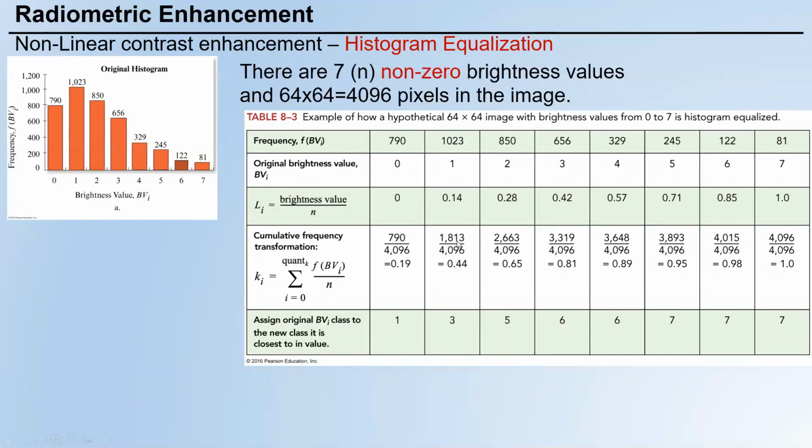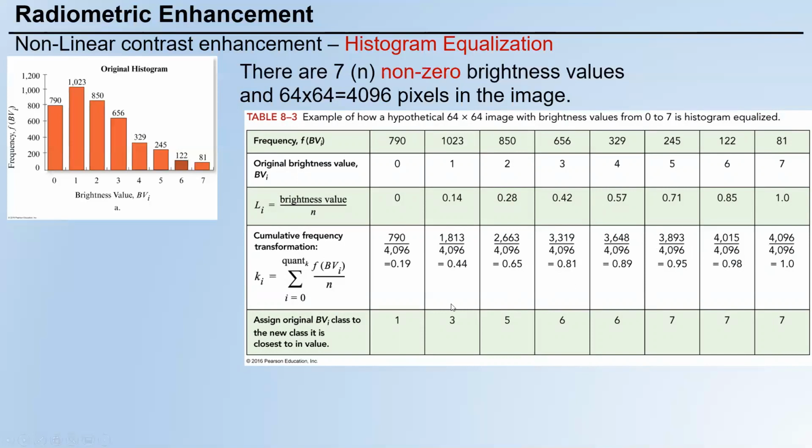But for class 1, we need to add the frequencies of class 0 and class 1 to calculate the cumulative frequency, and divide that cumulative frequency, 1,813, by the total number of all pixels. So we get a value of 0.44. And we do this again and again for all 8 classes.